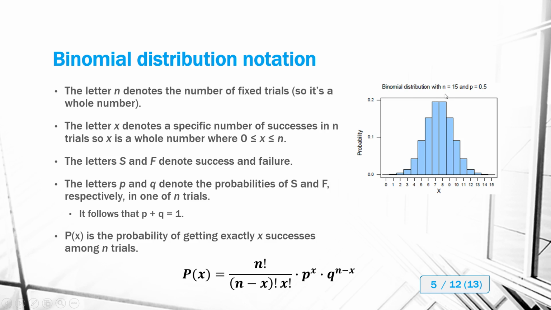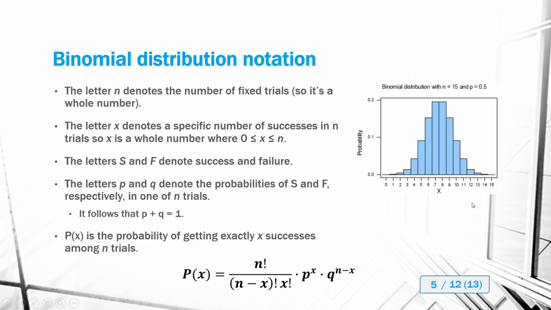So here's a binomial distribution where n is 15. So there's 15 fixed trials. And what this is showing you is the probability of success in a certain number of those 15 trials. And it changes depending upon what number you choose. So what's the probability that all 15 of our trials will be successful? Well, as you can see here, it's pretty close to 0, pretty non-existent.